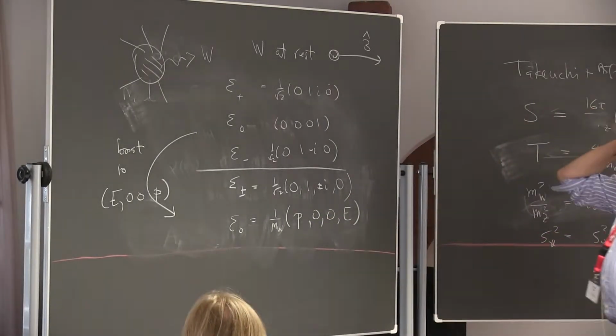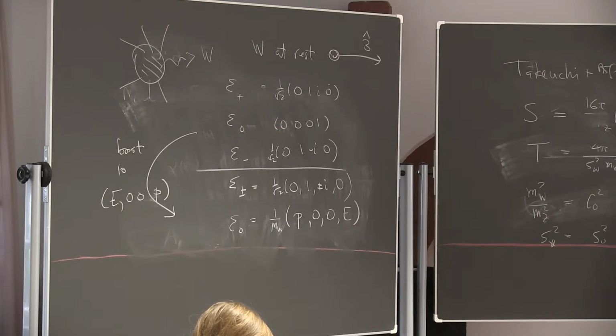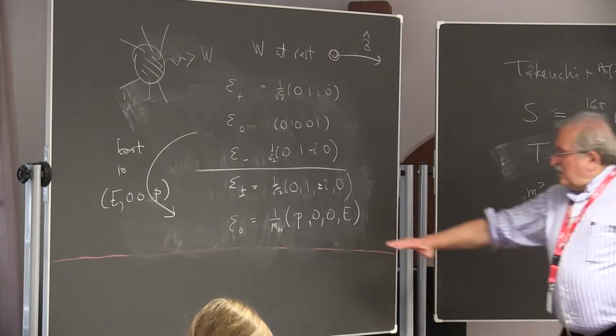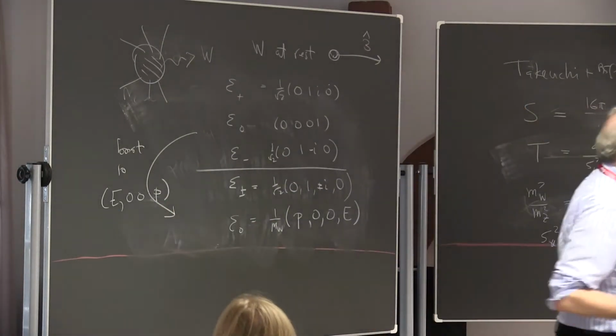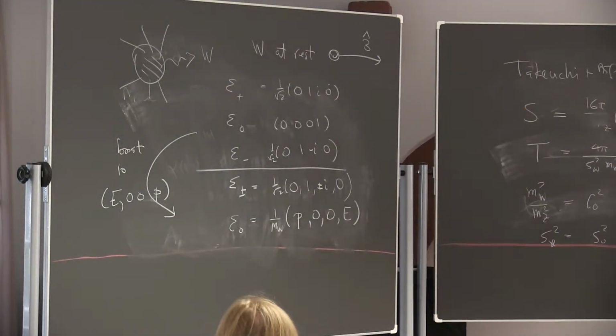Okay. So this is a perfectly good choice for a polarization vector. If you dot the polarization vector into the momentum vector, you get 0. EP minus EP is 0. Nevertheless, there's something weird about this vector, because the magnitude of its components is increasing arbitrarily with the boost.